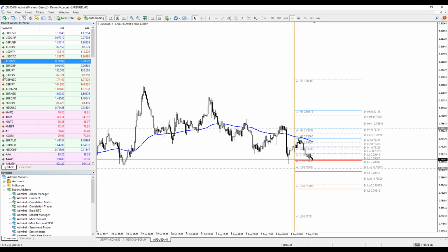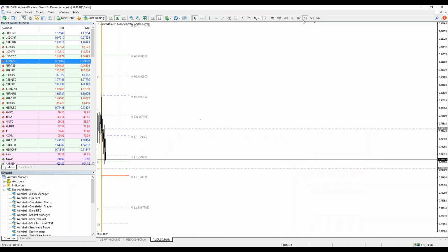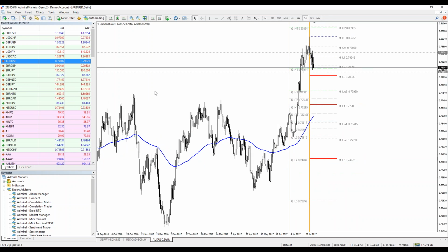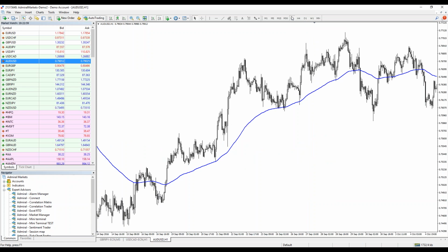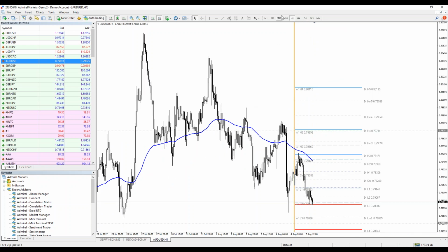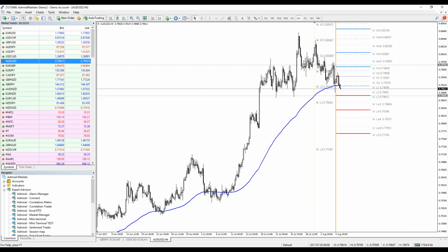Australian dollar daily is showing head and shoulders. This is some sort of mini head and shoulders because it's not exaggerated, indeed. So it still adds to possible bearish movement. Have in mind that Australian dollar at this point on 1 hour is bearish, but on 4 hours it's still bullish.